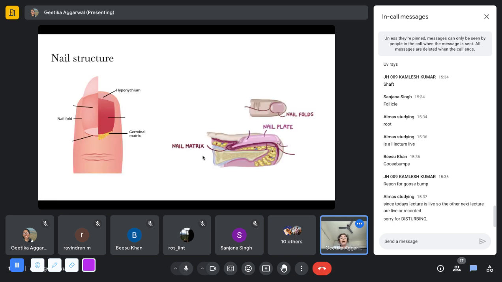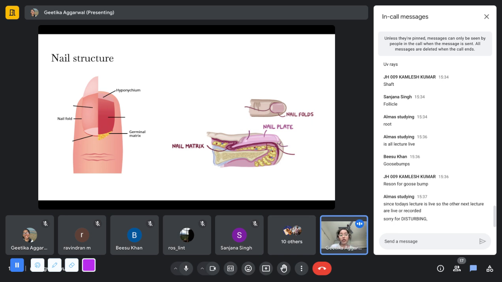Okay. And coming to the structure of the nail, all of us have nails, and there is a certain structure to these, so let's try and get to know the different parts of the nail. What is this foremost section of the nail called, the outermost section?